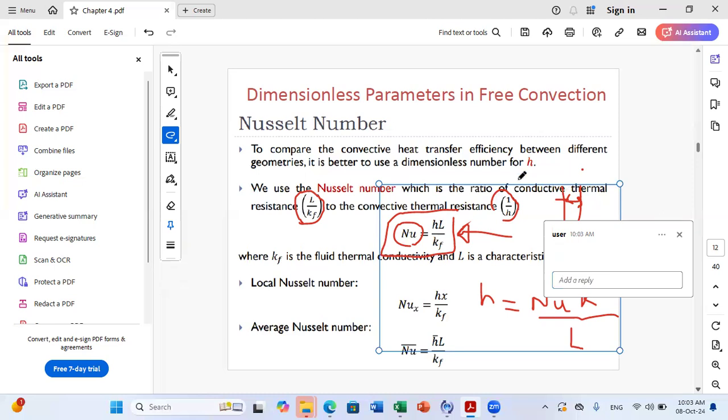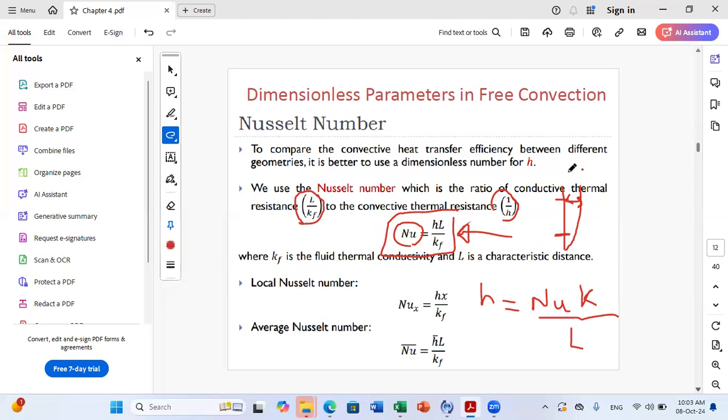And because of this, h can be variable. So whether you have variation of heat flux or variation of temperature conditions, whenever you have variation in parameters, this might lead to variation in h. And because you have h variable over your surface, then Nusselt will also be varying.